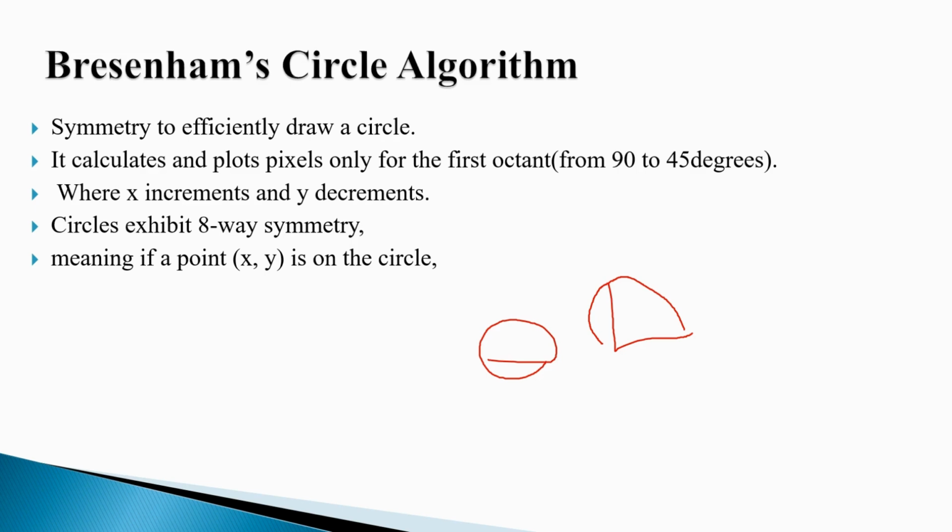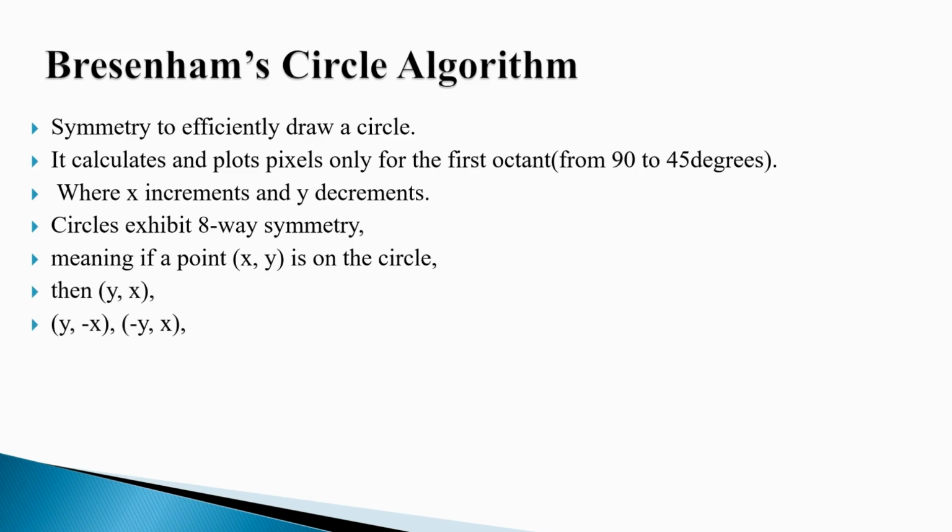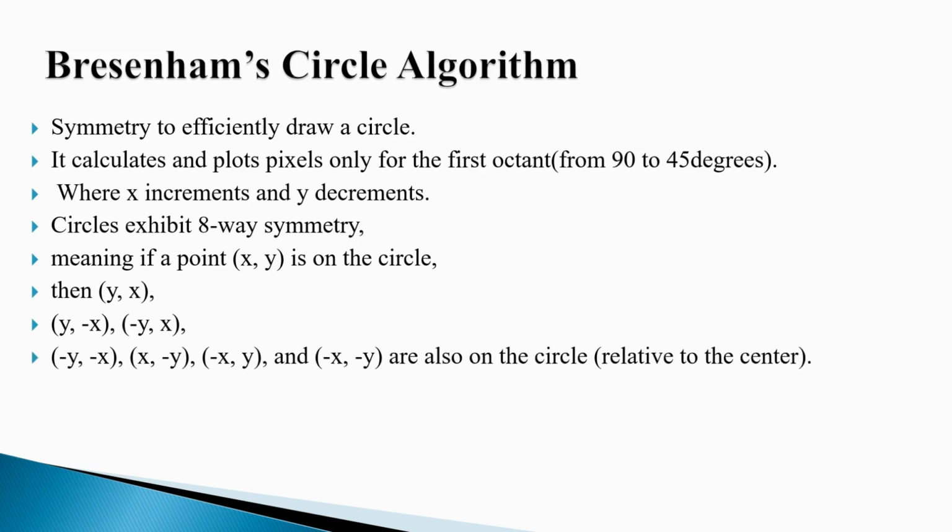Mirror images, or mirror quadrant values, will be reflected. Quadrant means 4 quadrants and 8 octants. For the first point xy as the center, the 8 points will be xy, yx, y minus x, y minus y, x minus y, minus x, x minus y, minus x, y.